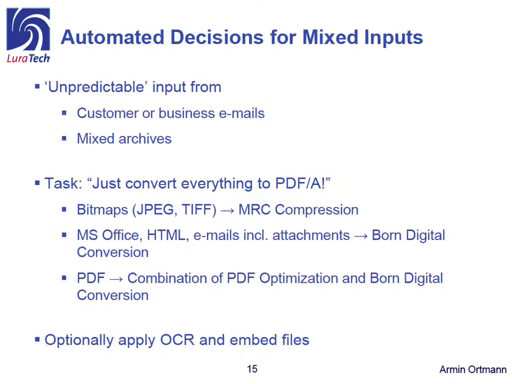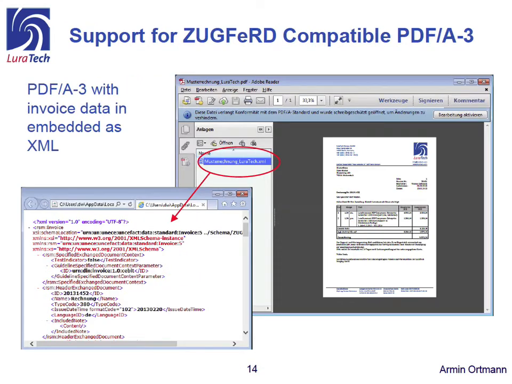Which would look a lot like this. So it would actually contain an invoice number and technically all the data entries that you would be able to evaluate even with a bookkeeping system on the receiving end. Or in a minimum case, it would contain the banking information that you could use to actually pay that invoice.